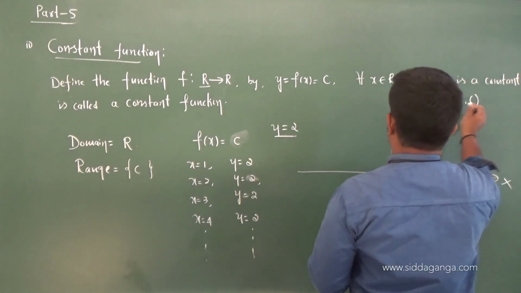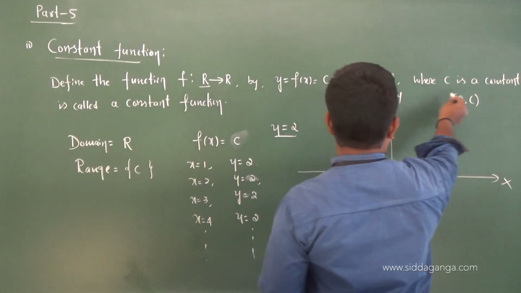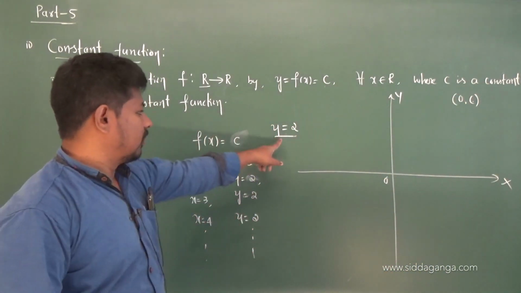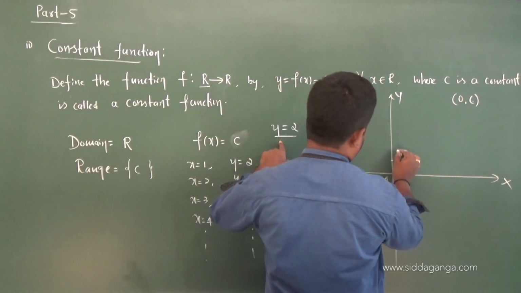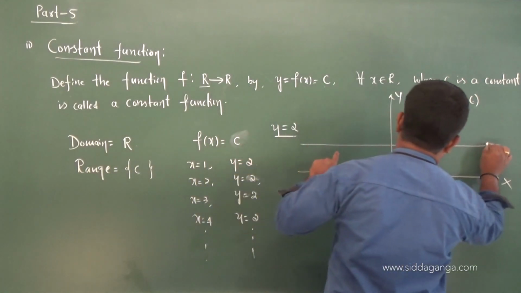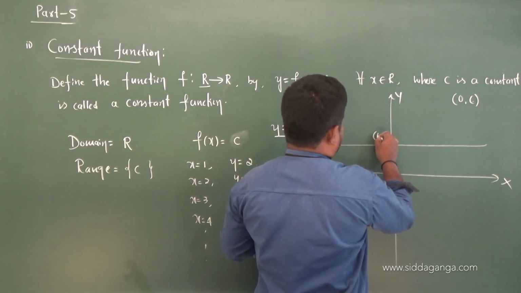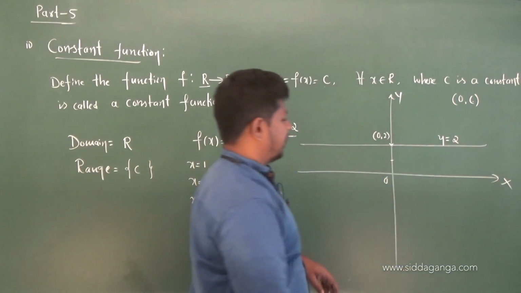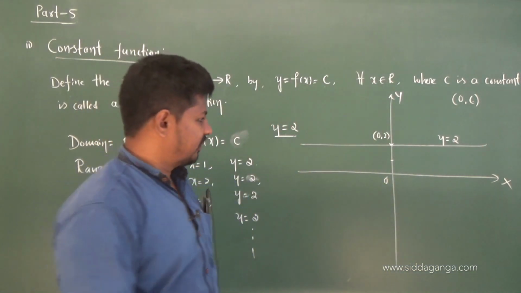If you take c as constant, passing through 0 comma c. For example, in this case y is equal to 2, this is 1, this is 2, the line passes through 0 comma 2. So this is the graph of the function.